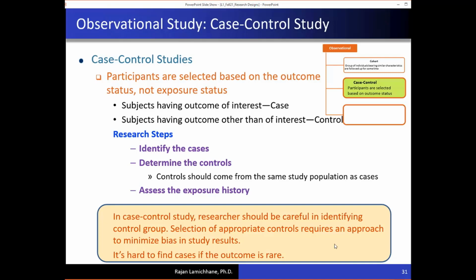Sometimes you can have a one-to-one control, meaning one case and one control, or if you are trying to match with several factors, then you can have more than one control for each case. You can match based on age, you can match based on gender, and so on. If the matching factors are more, then you always need more controls for the one case.